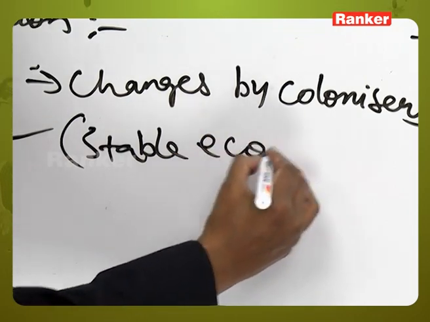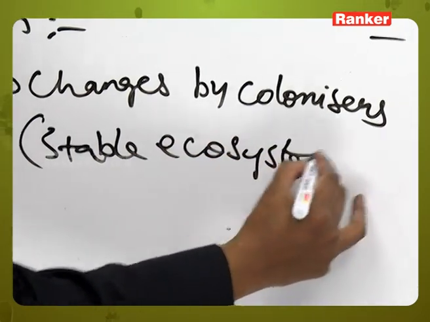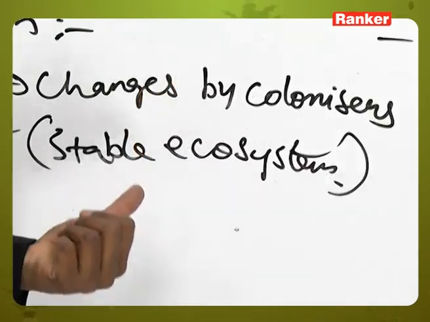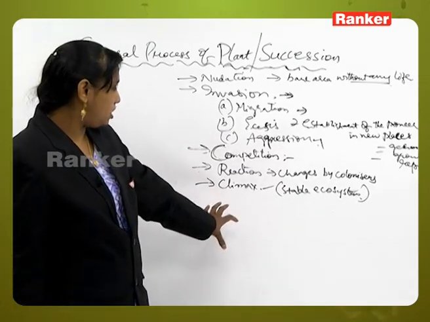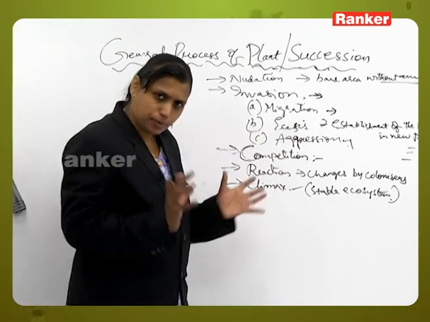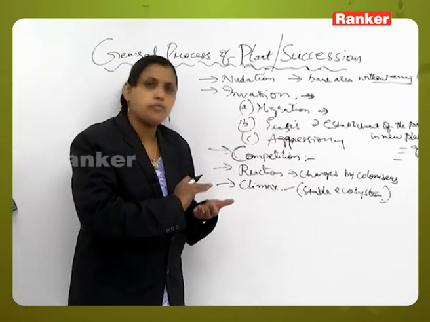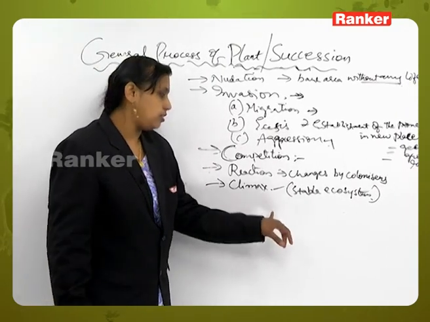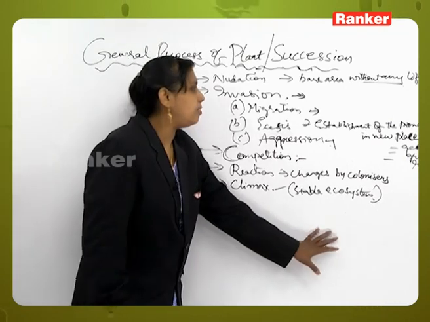It is also called the stable ecosystem. After the whole process of succession, it leads to the stabilization of vegetation, the stabilization of plant communities in that particular area. It is the final stage, and after that there will be no further step. That stage is called the climax stage.